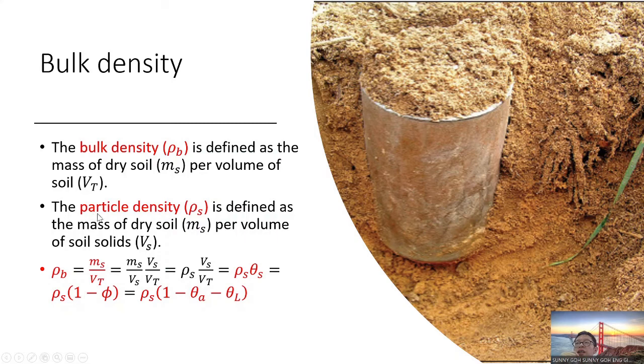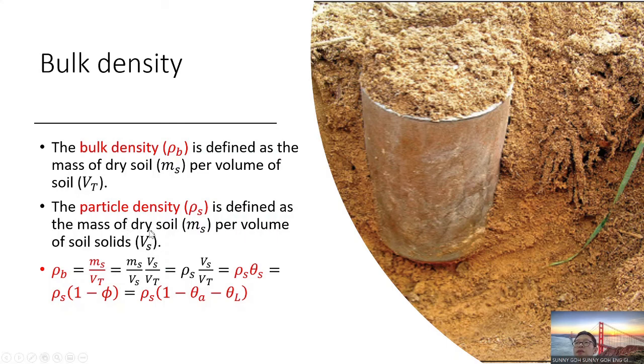And then there's another parameter called particle density. Particle density is defined as the mass of dry soil per volume of soil solid. So we can actually relate bulk density with the particle density. What's the difference between Vt and Vs? As you know, Vt includes the air space and the space occupied by water, and also the solid volume.